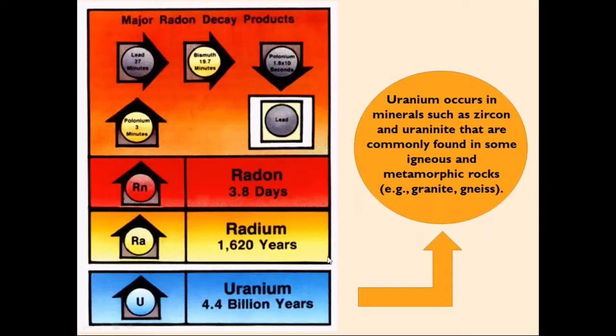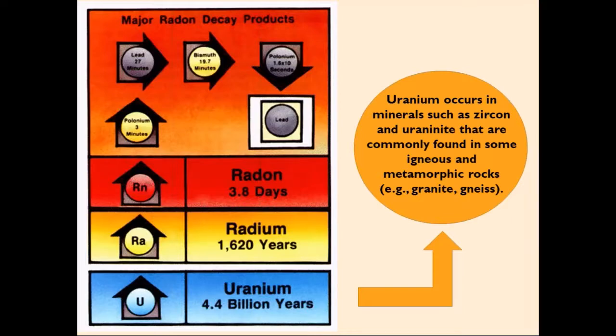In this particular example, let's discuss soil that contains, or a parent rock that contains, the element uranium. Uranium is a relatively common element in minerals such as zircon and uraninite that are present in some igneous and metamorphic rocks such as granite or gneiss.